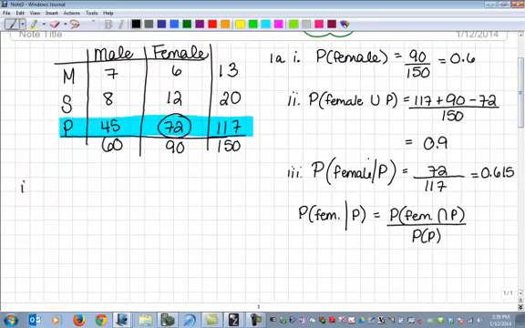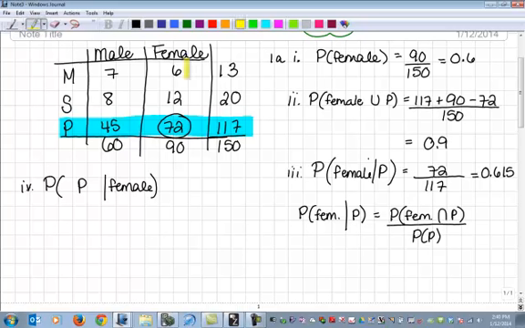All right, going to number 4 in this same area, it says what's the probability that I select a production worker if I know the person's female? So this is the flip of the other one. So I'm looking at the probability, given that I'm just looking at females. What's the probability that I select a production worker?